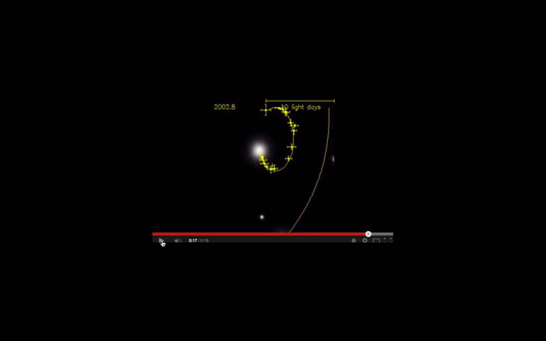Through Kepler's laws, this star is orbiting in an ellipse around some mass, but we can't see anything there. There's nothing there emitting light. And that's how we deduce that there must be a black hole at that position. You can deduce how massive the black hole has to be by just how fast the star is going around the black hole.